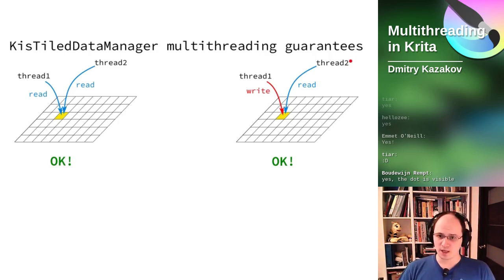So these two processes happen at the same time, and it may happen that the update thread, this one, will read from this area while the brush paints in this area. It is not beautiful, but it lets us not block the rendering process when showing it to the user.